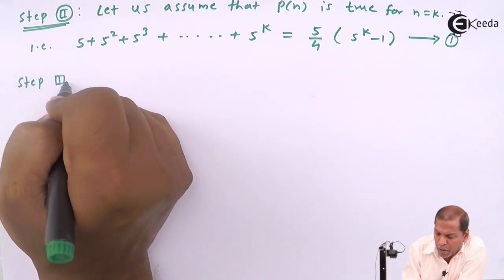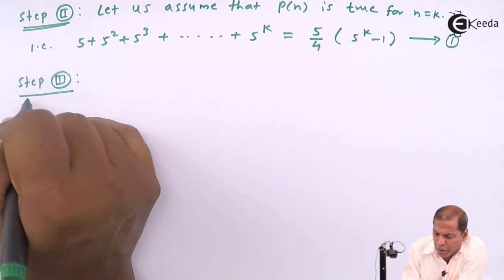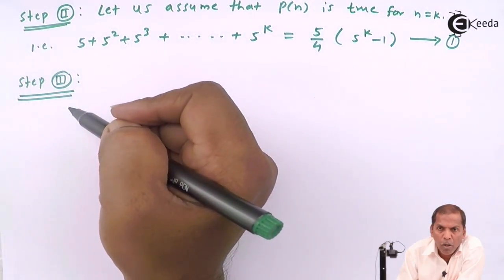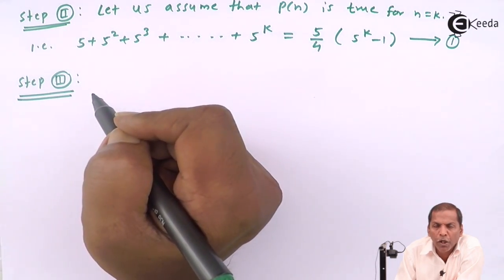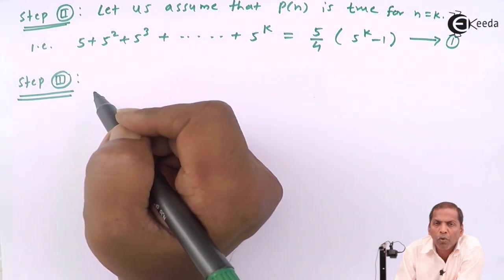Now we consider step number 3. In step number 3, we have to prove that P(n) is true for n equal to k + 1.